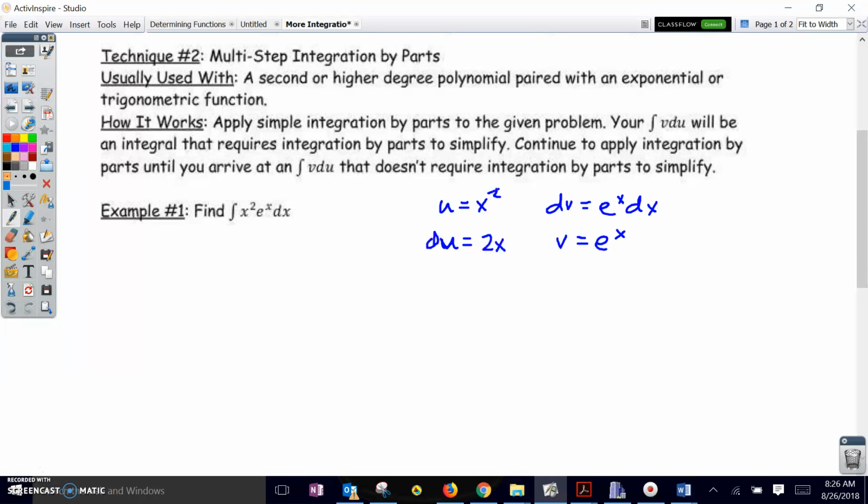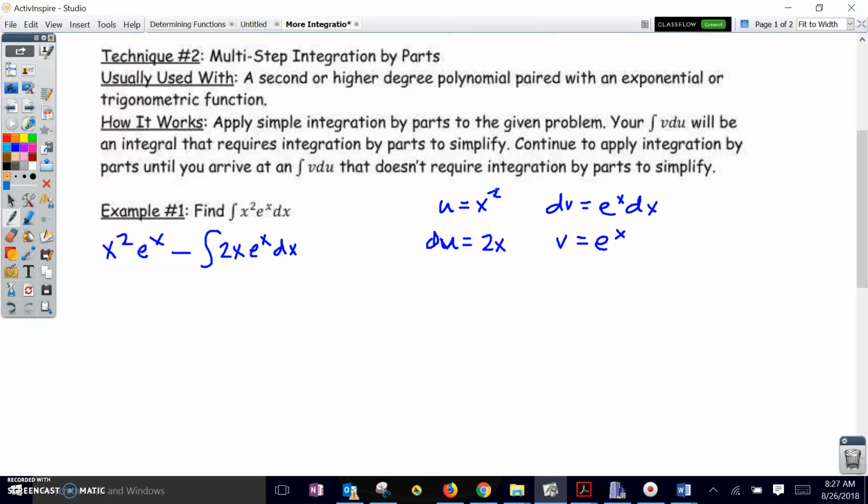Sometimes the brain gets a little bit ahead of itself. And now this is going to be equal to u times v minus the integral of v du. And now I have an integral in this one, 2x e to the x, that I'm also going to need to integrate using integration by parts.